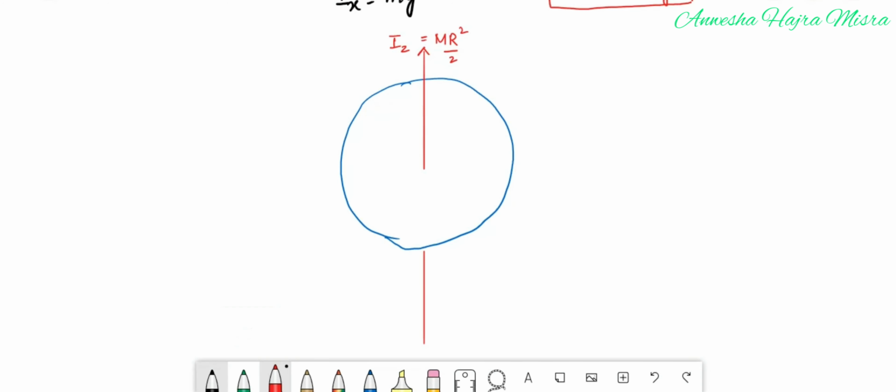Now our intention was to find the moment of inertia about the x or the y axis. Since this is in the plane, say this is the y axis, this is the x axis. Since it is symmetric, Ix is equal to Iy.